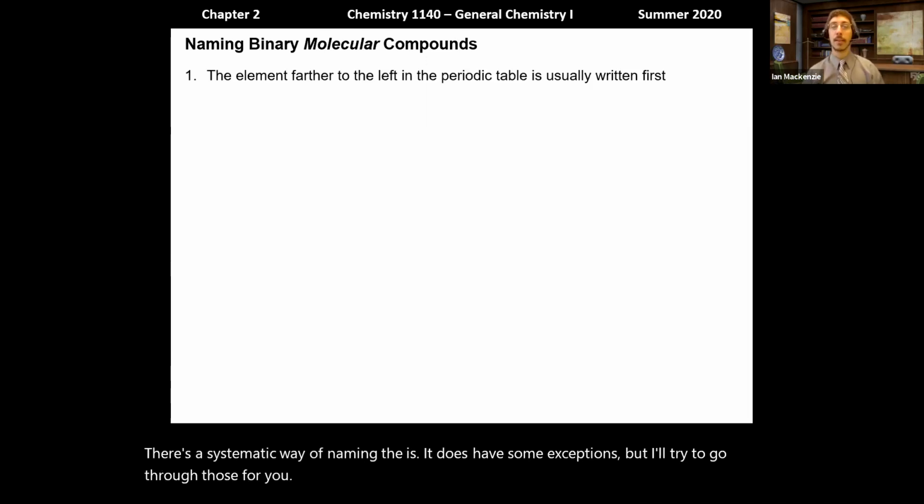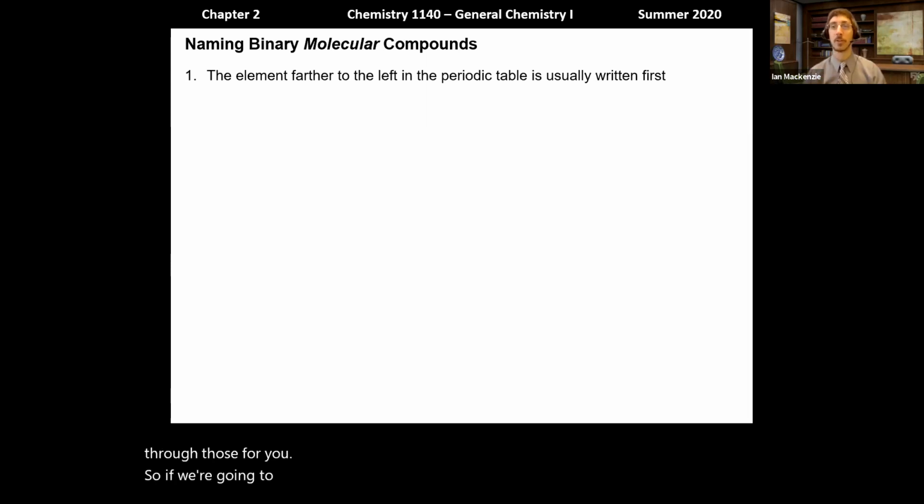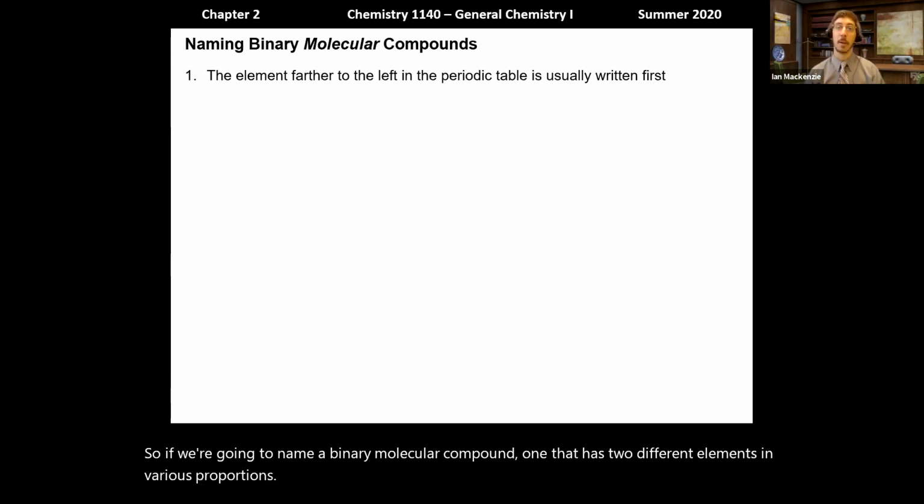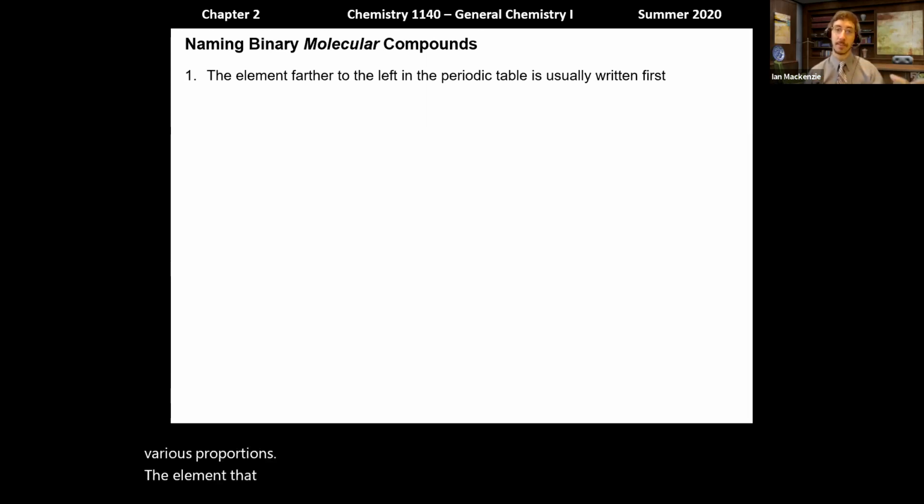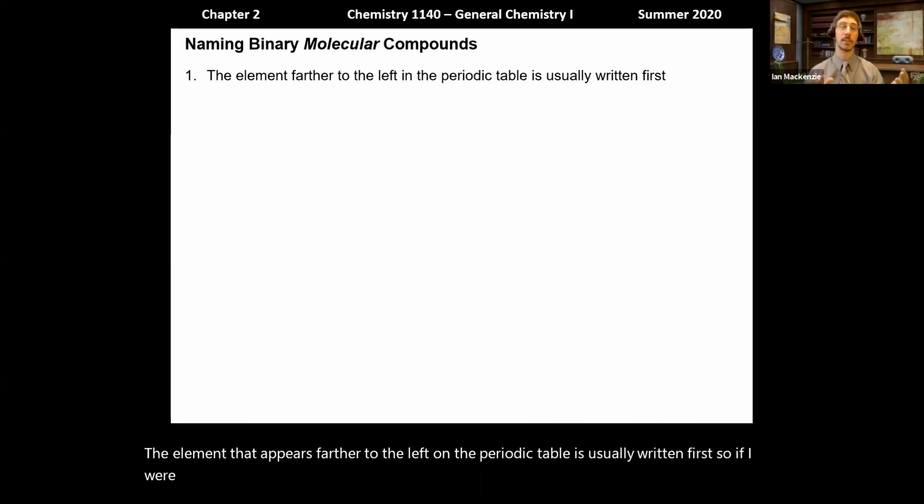So if we are going to name a binary molecular compound, one that has two different elements in various proportions, the element that appears farther to the left on the periodic table is usually written first. So if I were combining carbon and fluorine, carbon appears to the left, so it would be named first.